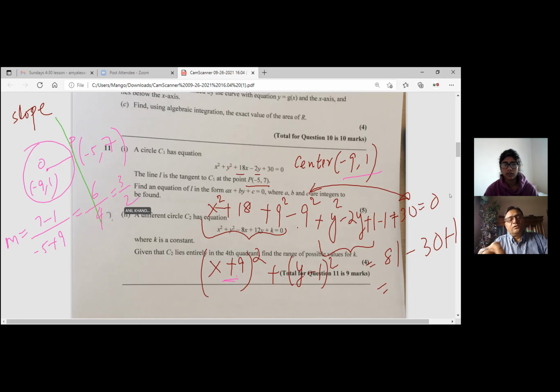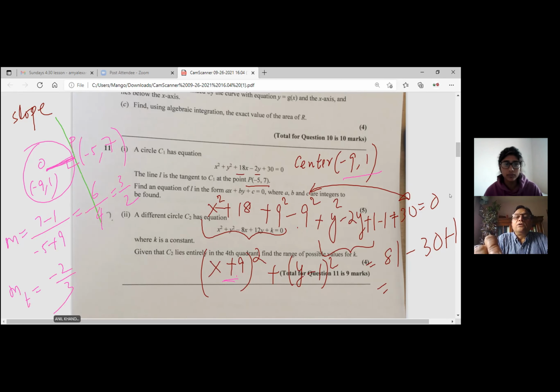So it's a positive slope. The diagram is not quite right, anyway. Oh, but won't the tangent be minus 2/3? So it'll be negative. Okay, so we'll do the negative reciprocal of this, correct? This is the slope of OP. Now the tangent will be the negative reciprocal, negative 2 over 3, correct?